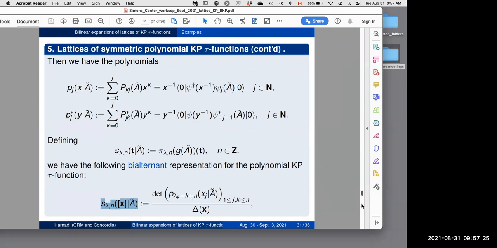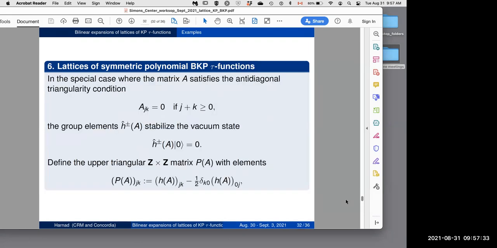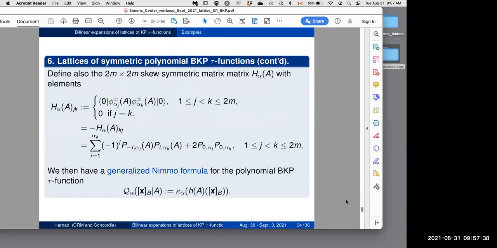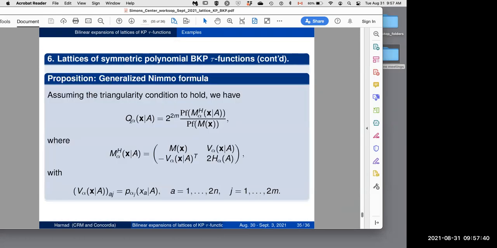And similarly, this is the last transparency, I think. Similarly, there's a beautiful generalization of a formula due to Nimmo, which expresses Q Schur functions as ratios of Pfaffians.